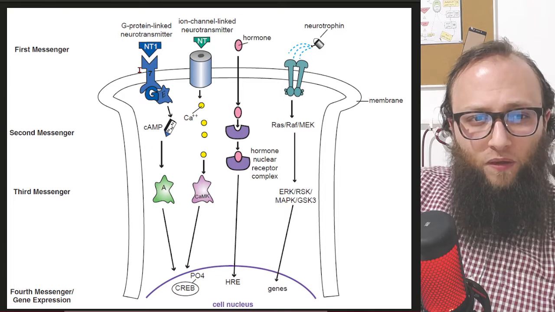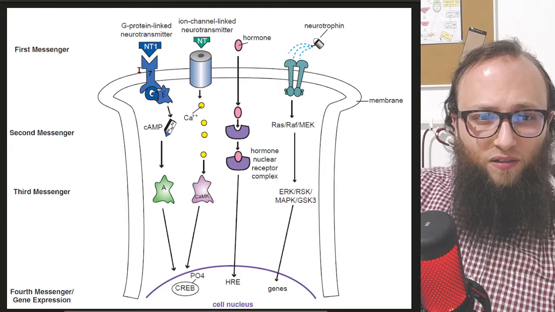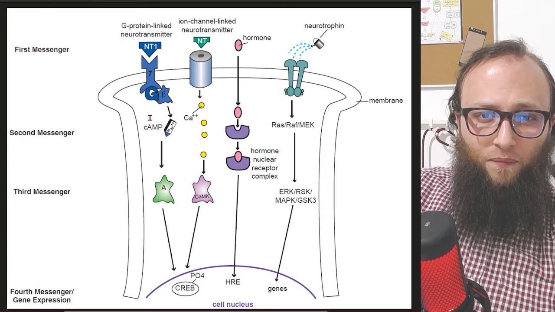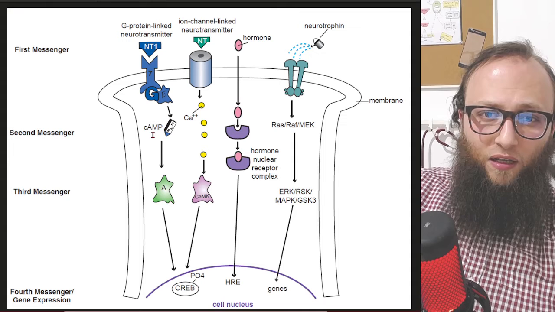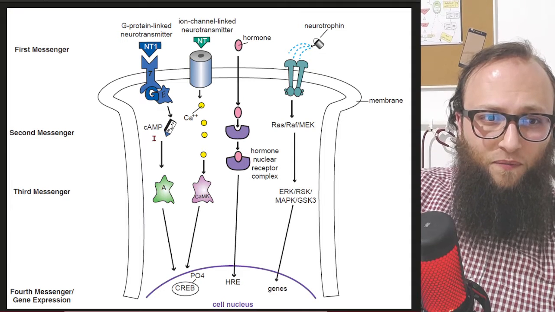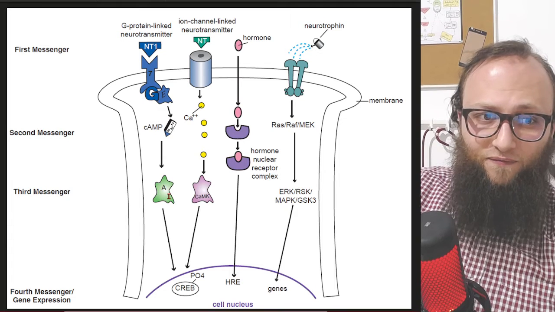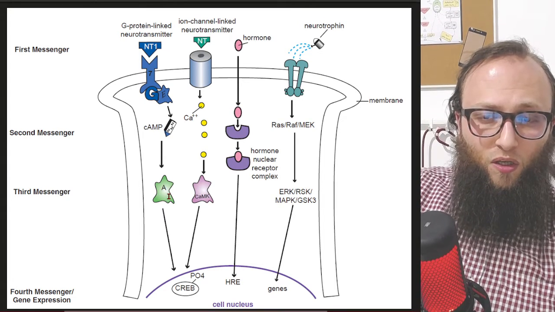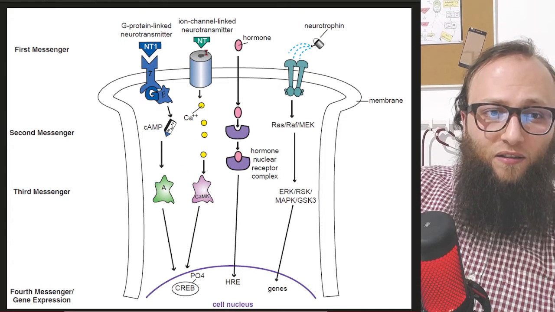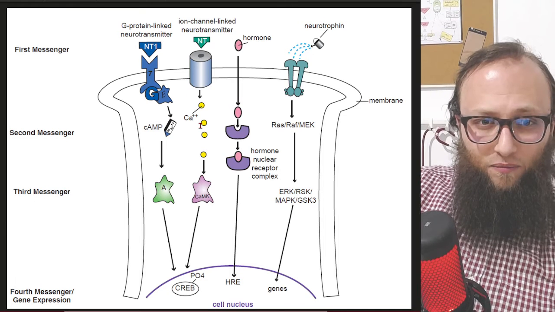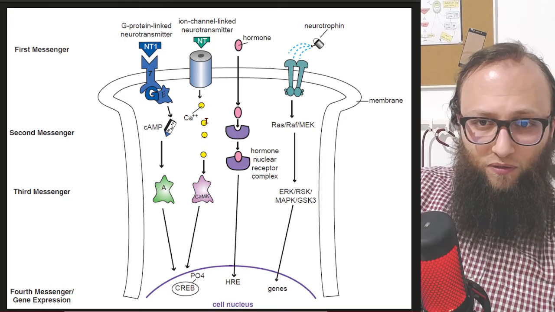The G protein linked system works through this cascade that involves cyclic adenosine monophosphate, and of course protein kinase A. Whereas the ion channel linked system works through calcium. That's a difference here.